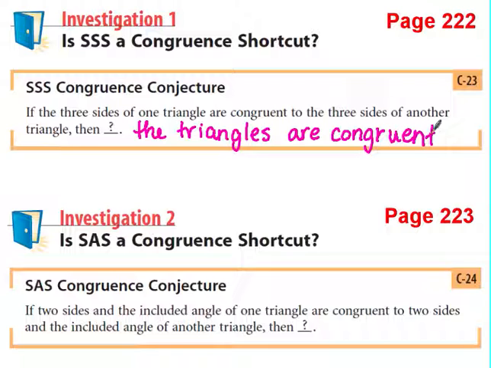First of all, it says construct a triangle from the three parts shown. I would start with DE first, folks. I would do DE, then angle D, and then side DF. So DE first, angle D, and then DF.